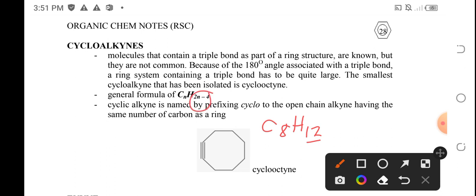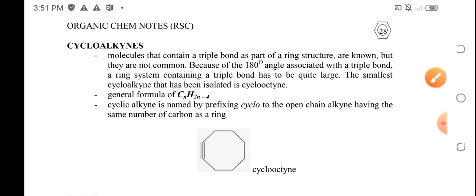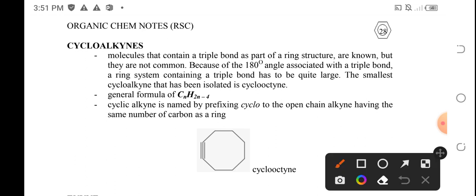So, 8, 16 minus 4. So, that's 12. At nakita naman natin kanina nung in-expand natin na talagang for a cycloalkyne with 8 carbon atoms, dapat 12 yung kanyang hydrogen. Okay? Still, cyclooctyne is the simplest or the smallest cycloalkyne.